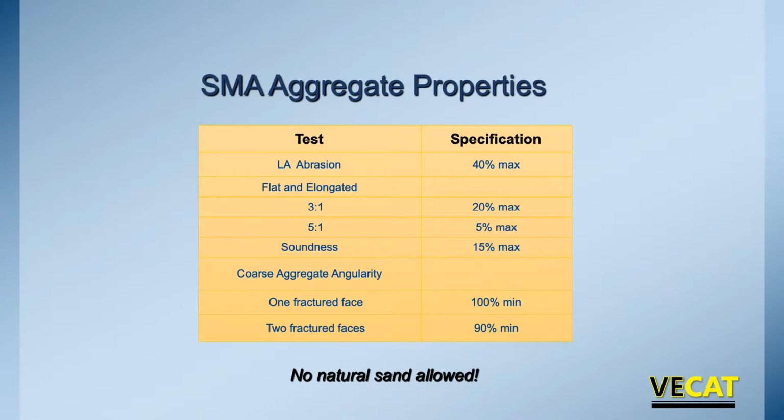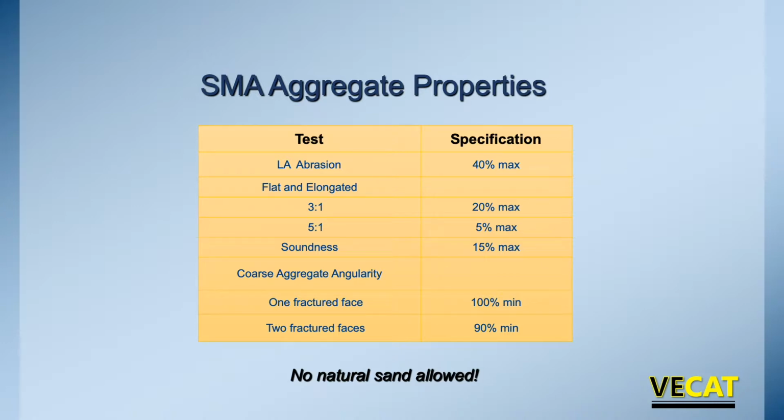All right, we're going to spend a few minutes and talk about aggregate properties. And there are some notable differences. For instance, the flat and elongated, the F&E. On your everyday conventional mixes, we're all used to having 10% maximum on the 5:1.